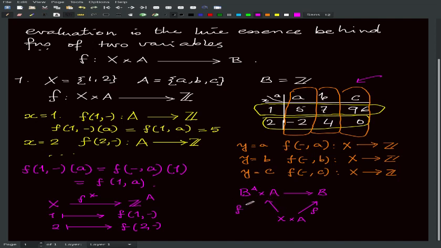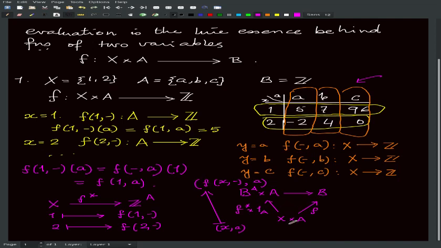So remember, what is f star doing? Well, it takes (x, a). So for instance, it takes (x, a) to this pair. That's what I was saying.